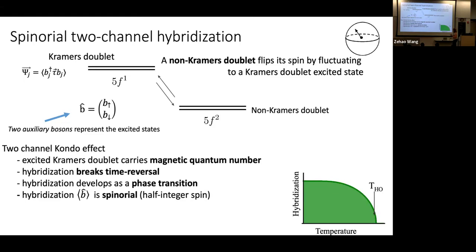And you can talk about your order parameter as essentially being magnetic. So your order parameter is really this guy that's condensed. The main feature is that there's a tiny magnetic moment in your excited state below this hastatic ordering temperature. So this is what we call hastatic order.